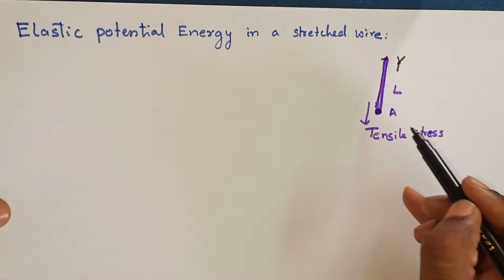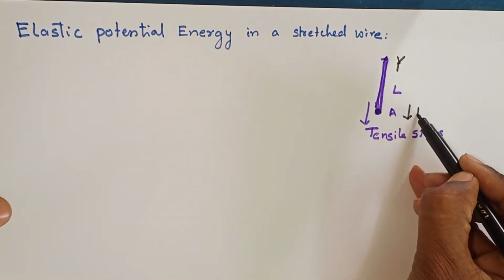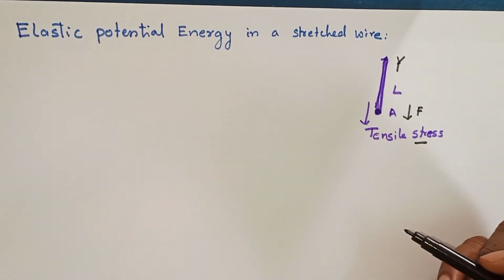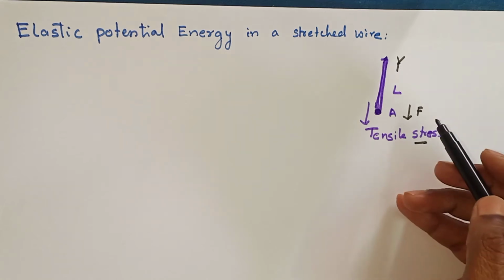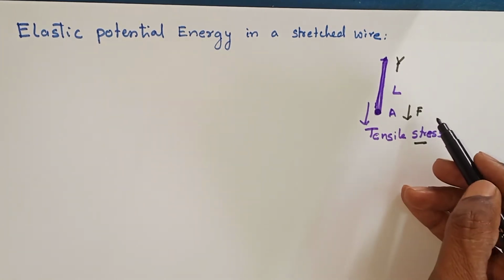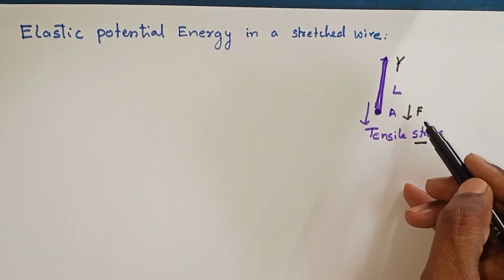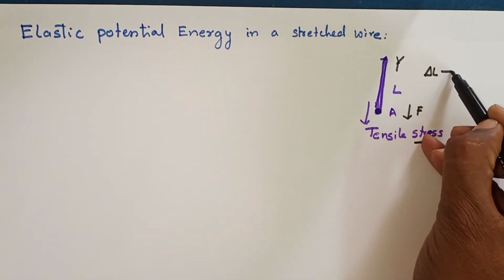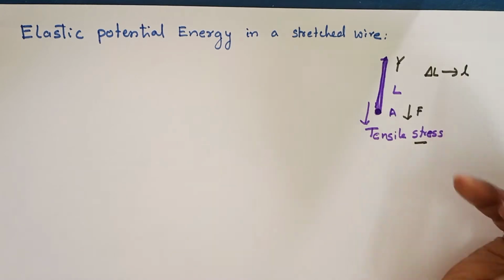Now force has been applied, F. So force per area is called stress. There is an observation of elongation or change in length, which is called delta L. Of course, I am taking it as small l for my convenience.